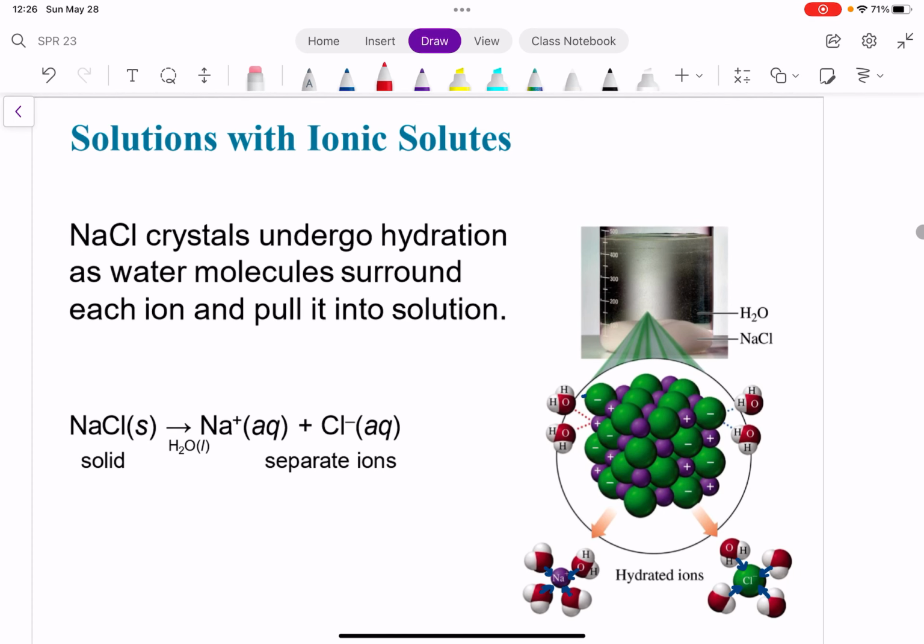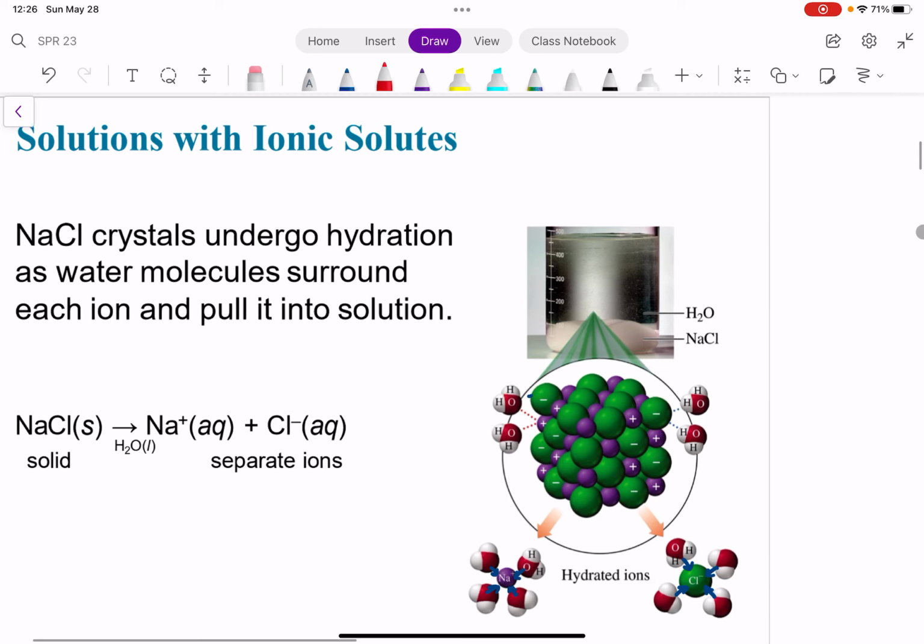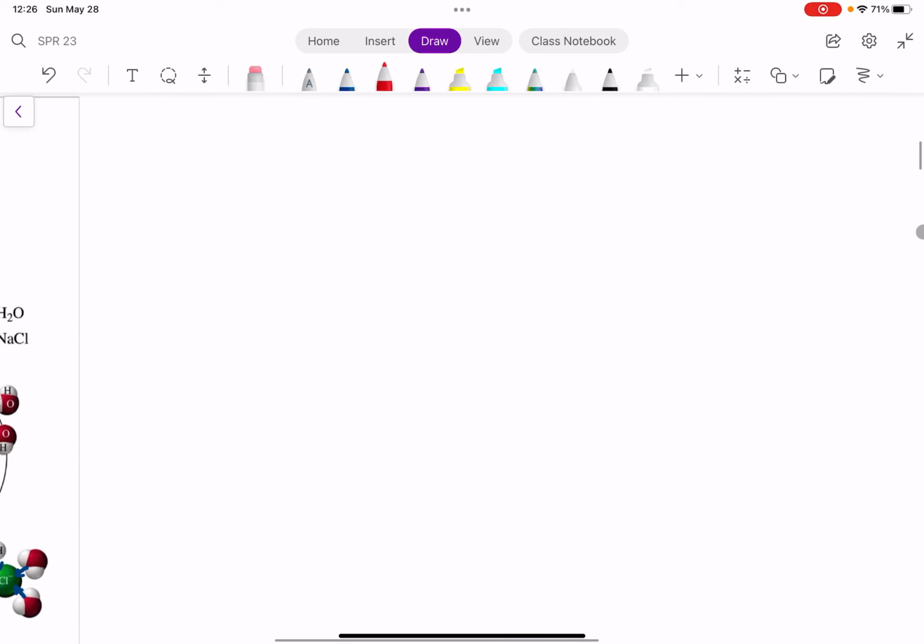So we've talked about polar molecules, and I want to start thinking about polarity as a spectrum again. So let's go over here for just a second. Do you remember in that bond polarity quiz question, there was this chart, a simplified version, but it showed polarity increasing going from left to right.